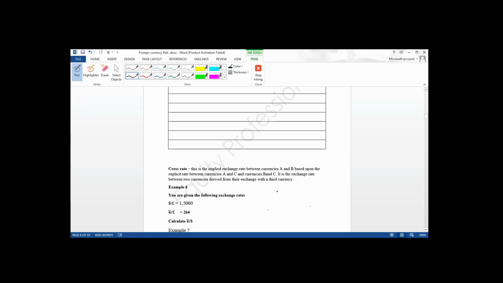Let me draw an arrow so that it can be clearer. Look at this triangle. You have pounds here, we have dollar here, you have Japanese yen. Dollar to pound is equal to 1.5060.